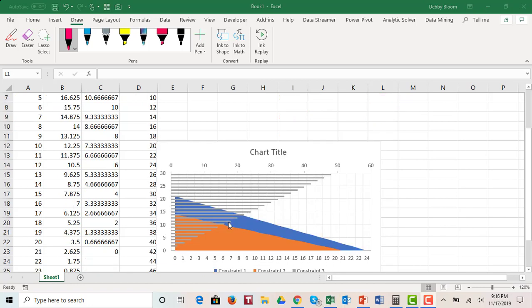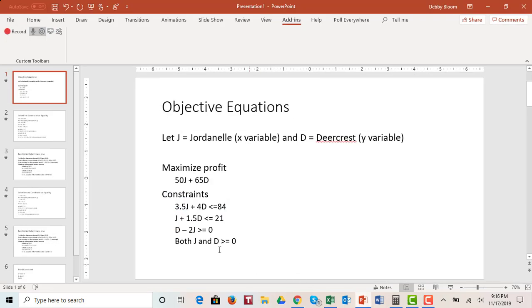Now to finally solve this problem, we have to find this point over here where constraint 2 crosses constraint 3. In order to do that, we're going to solve constraint 2 and constraint 3 as simultaneous equations. Just to go back to the PowerPoint to remind you of the equations, and remember we don't need constraint 1.